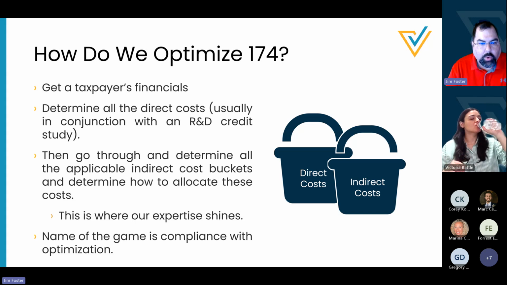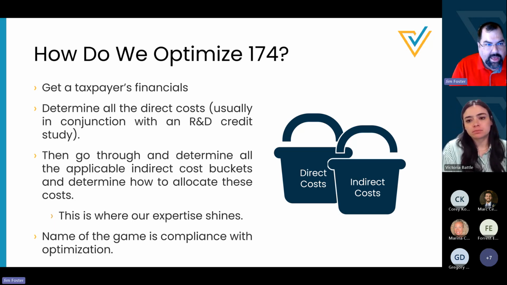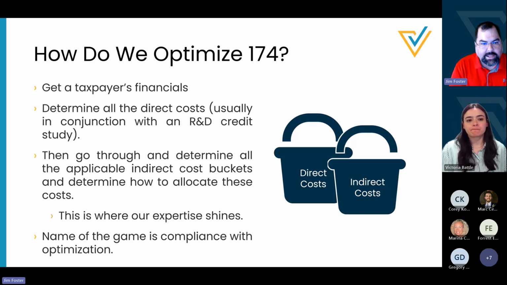You don't want to just say, oh, here everything's 174 and have this really big 174 number that takes all that front loading of your tax liability and drives you bonkers because you have to come up with this ridiculous tax bill.